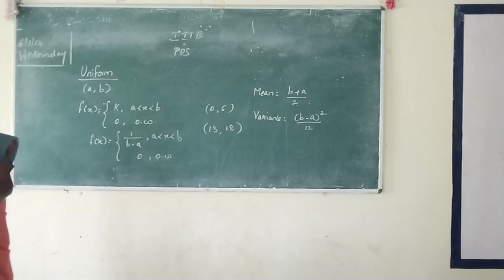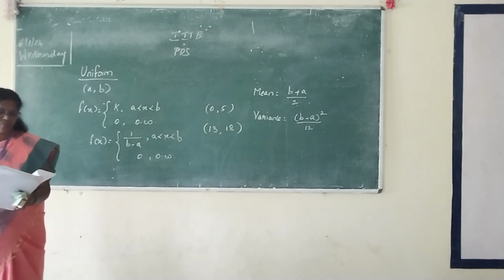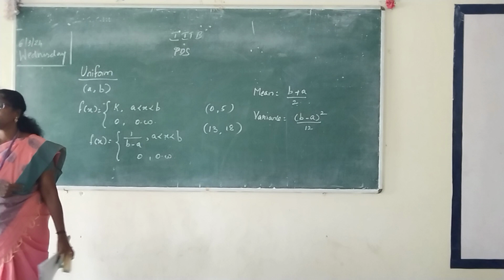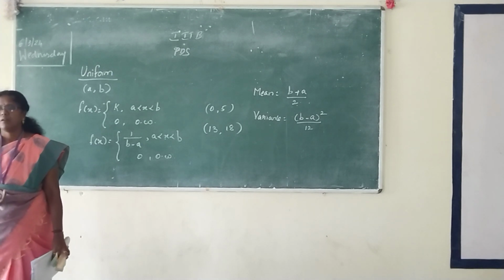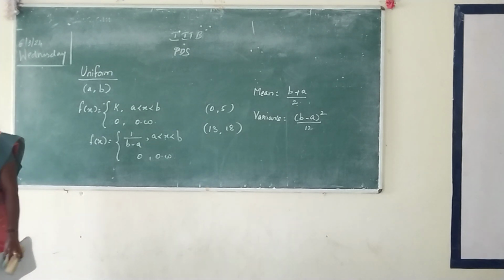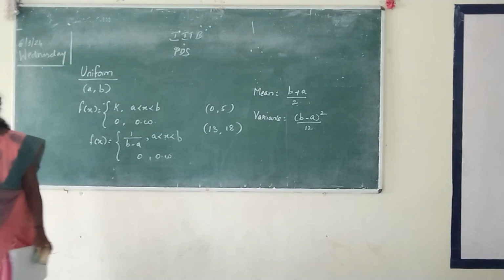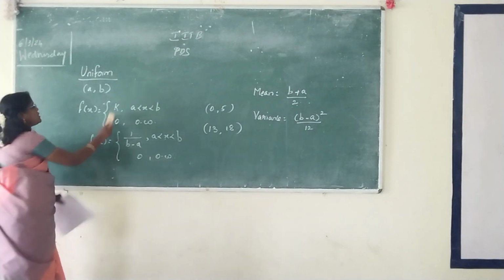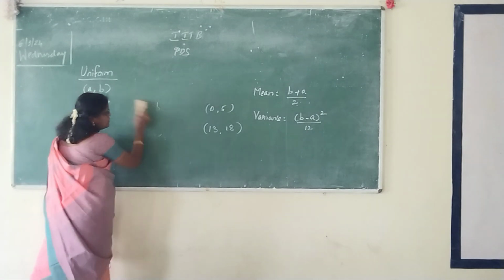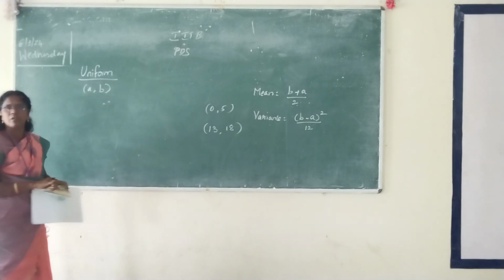Any doubt in this one? No? How do we define uniform? f(x) = 1/(b minus a) for a < x < b, or 0 otherwise. Finding the MGF and the mean is also easy here, because it is only a constant function.